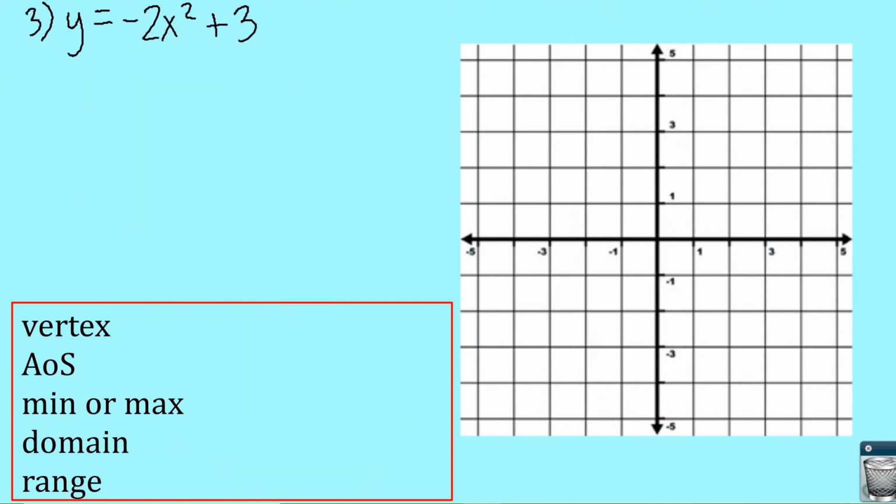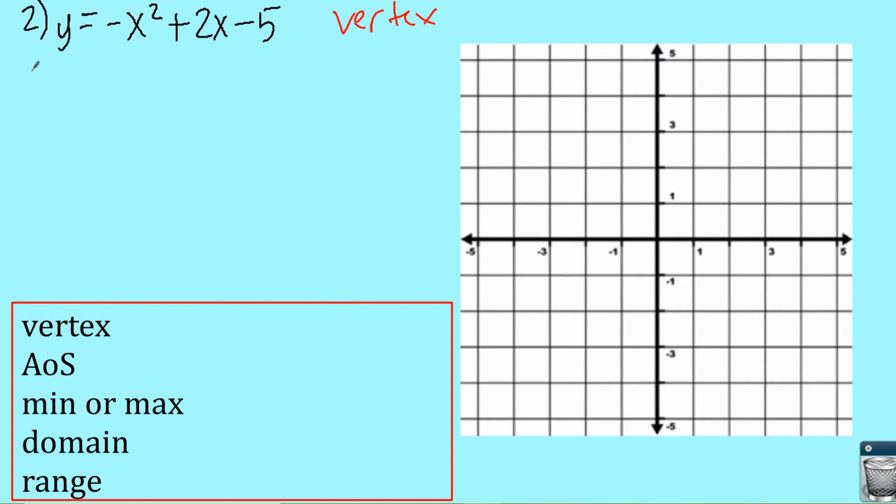All right, let's do some more. Oh, I skipped one. Okay. So let's go ahead and start by finding our vertex. So we're going to do our h is negative b over 2a. So negative 2 over 2 times negative 1, so we get 1.